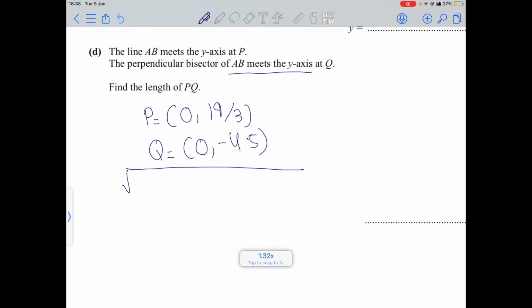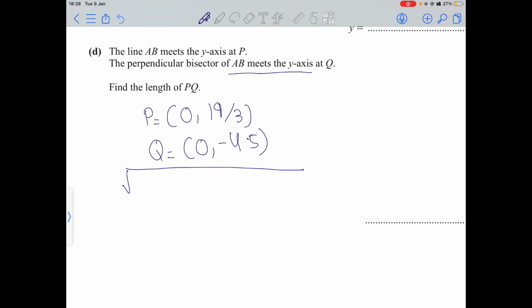That is the perpendicular bisector of AB meets the y-axis at Q. So now we know both of the points, which are 0, 19 over 3 and 0, negative 4.5. So this is kind of using the Pythagorean theorem. So the square root of 0 minus 0 squared, and then again you do the y part, which is 19 over 3 minus negative 4.5 squared.